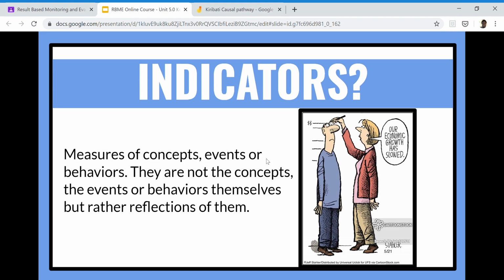Maybe that's what you want to use to measure that the farmer's income has increased over time. So the indicator is actually the measurement of your outcome statements of your activities, of whatever you have gotten out of inputs. So that's what we refer to as an indicator.